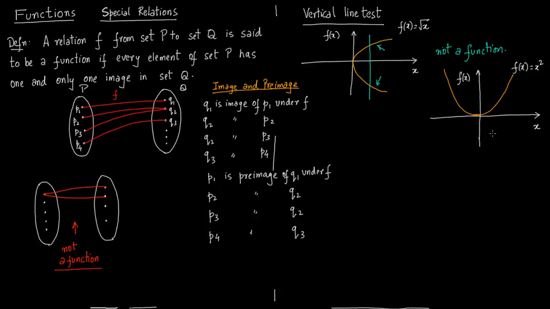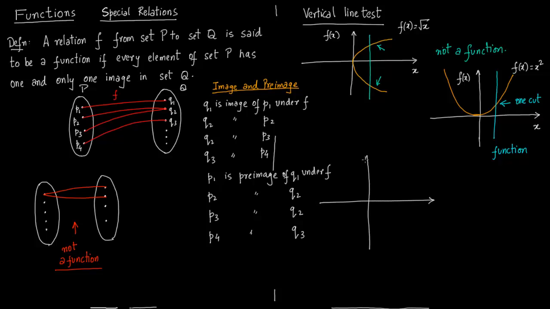Now if I draw a vertical line anywhere on the x-axis, it will cut the graph only once. So there is one unique image. The image is not unique in the reverse sense, because -1 also gets mapped to 1 and 1 also gets mapped to 1 in y equals x square, but the vertical line cuts only once. So it is a function.